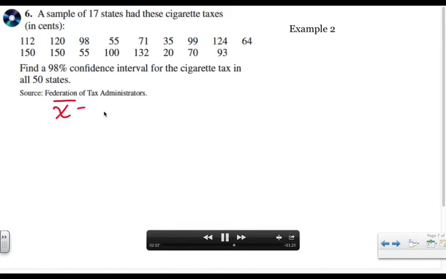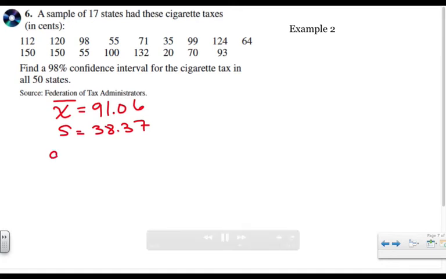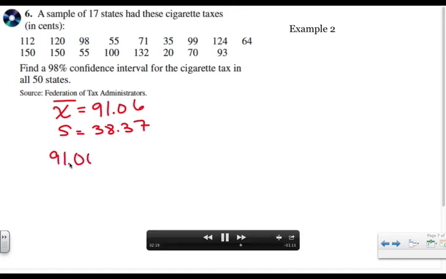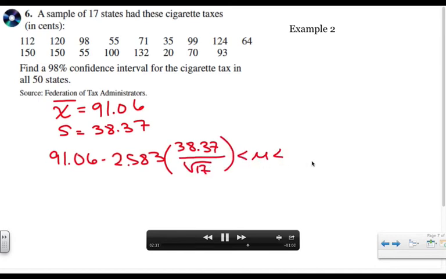And I get the mean is 91.06, and the standard deviation, use the S, okay, is 38.37. Then I use my formula again, 91.06 minus 2.583. This is the number I looked up in my t-score chart. The standard deviation divided by the square root of my sample size, which is 17. I do the same thing on the other side, just plus this time.